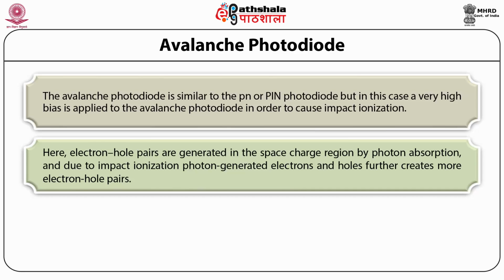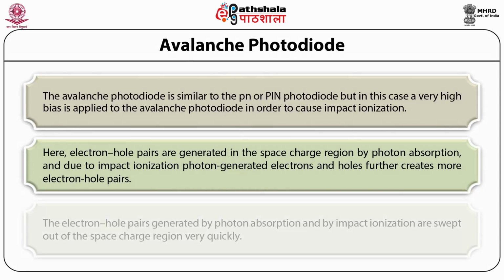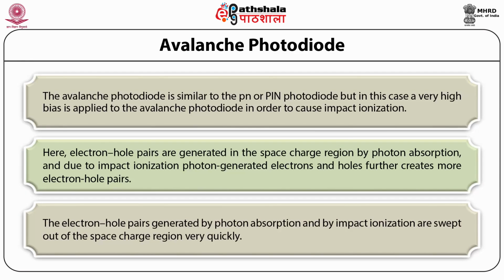The avalanche photodiode now has a current gain introduced by the avalanche multiplication factor. The electron-hole pairs generated by photon absorption and by impact ionization are swept out of the space charge region very quickly.